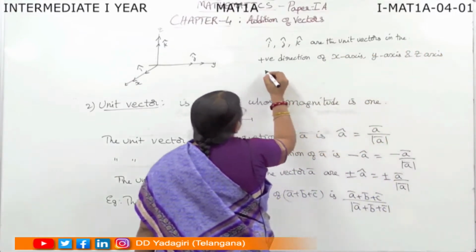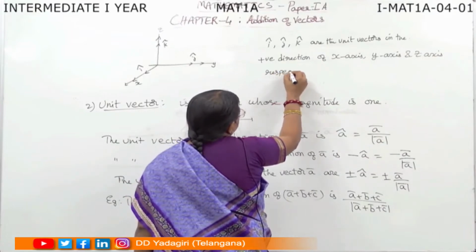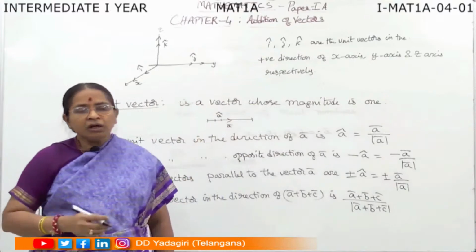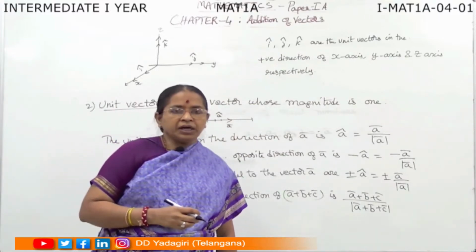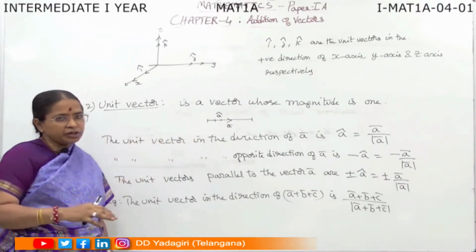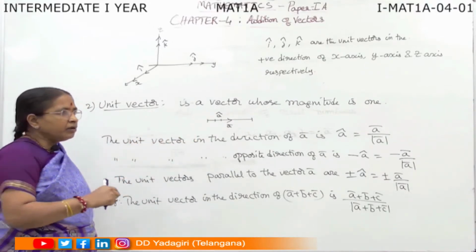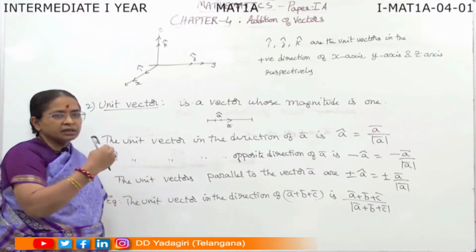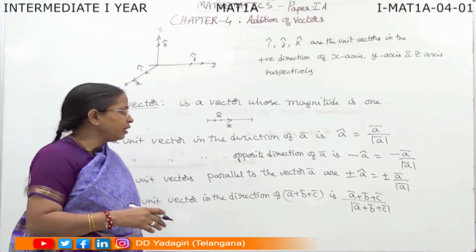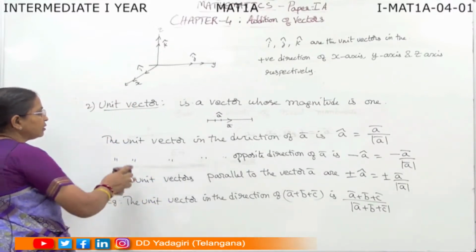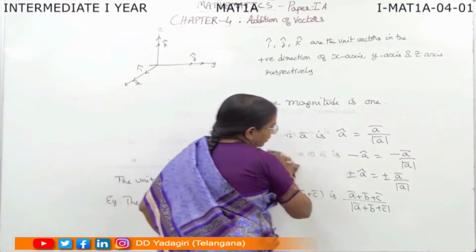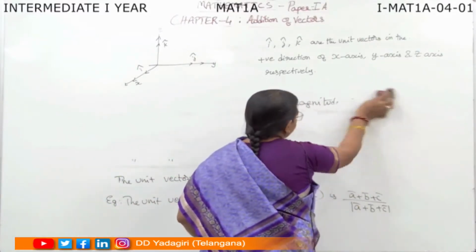A unit vector is a vector whose magnitude is 1. That is the definition. But we'll be finding the unit vectors in the direction of A, in the opposite direction of A, and unit vectors parallel to the vector A, like that. So this is all about the unit vector.